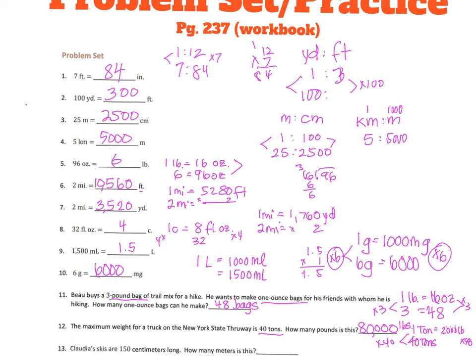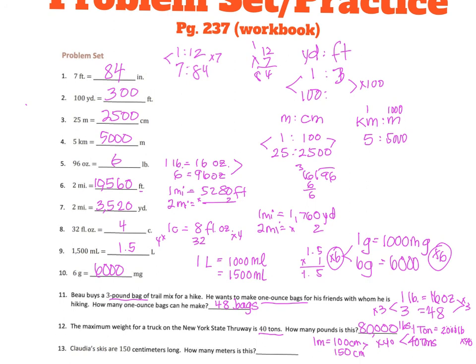Claudia's skis are 150 centimeters long. So I'm looking for my centimeters. So how many meters is this? So I know that 1 meter is equivalent to 100 centimeters. So they just told me that the skis are 150 centimeters long.